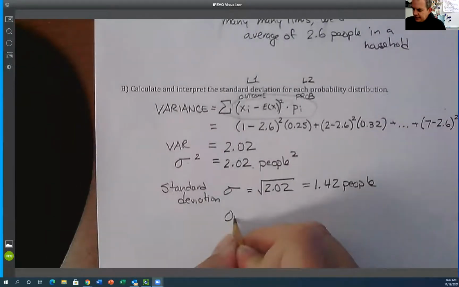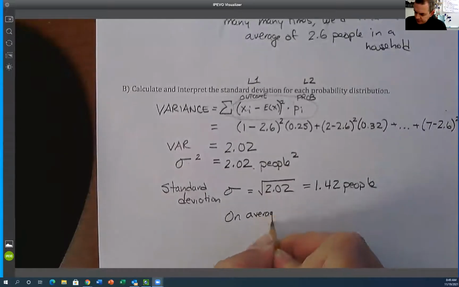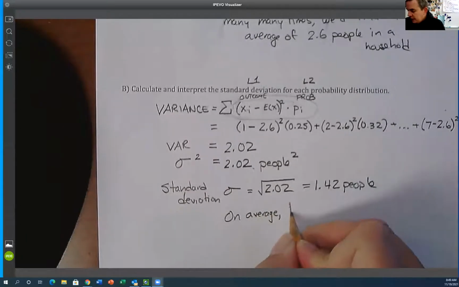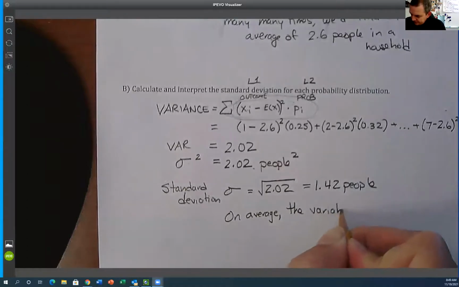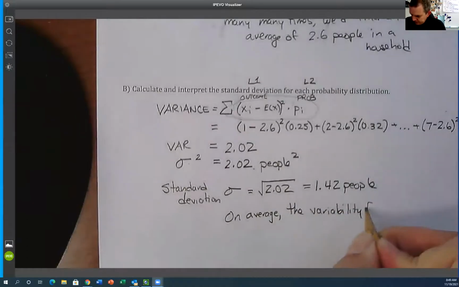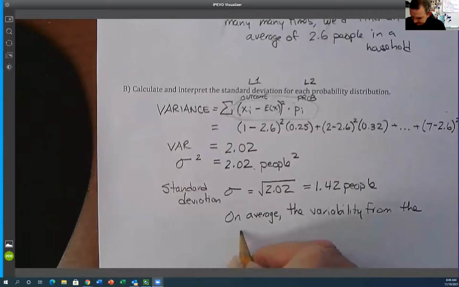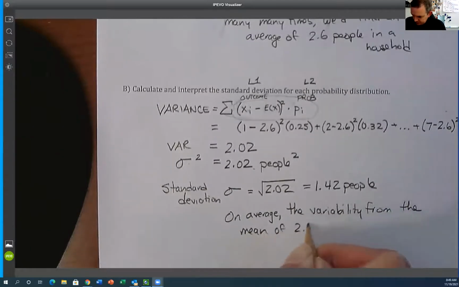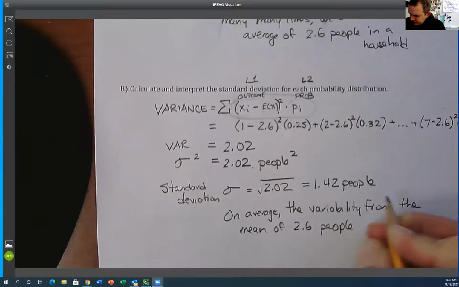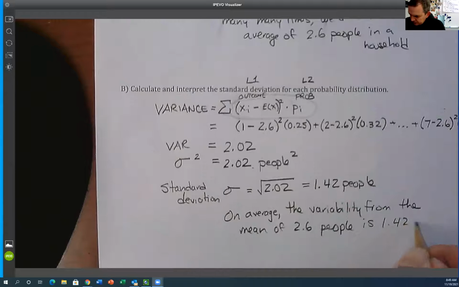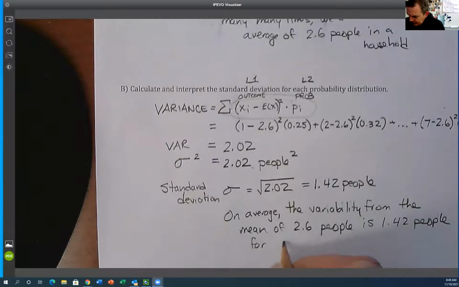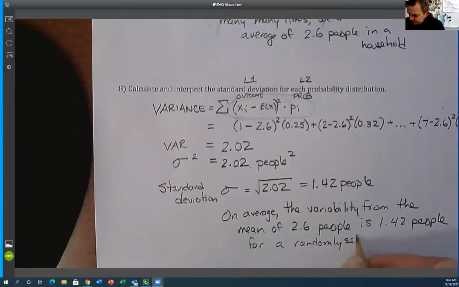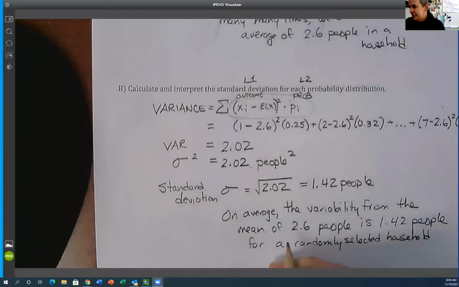So this is going to say, on average, the variability from the mean of 2.6 people in a house is 1.42 people for a randomly selected household.